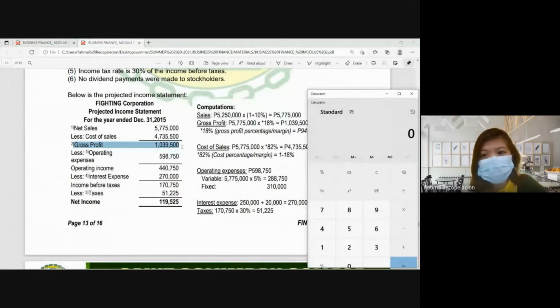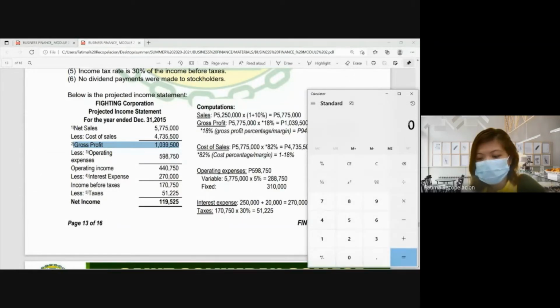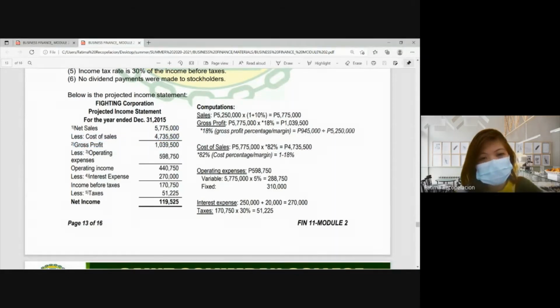So, when we multiply our forecasted net sales, 5,775,000 times 18%, that is the amount of our gross profit, 1,039,500. Okay. So, meaning the cost of sales is 82%. So this one, 4,735,500, is 82% of net sales, while the gross profit is 18%.